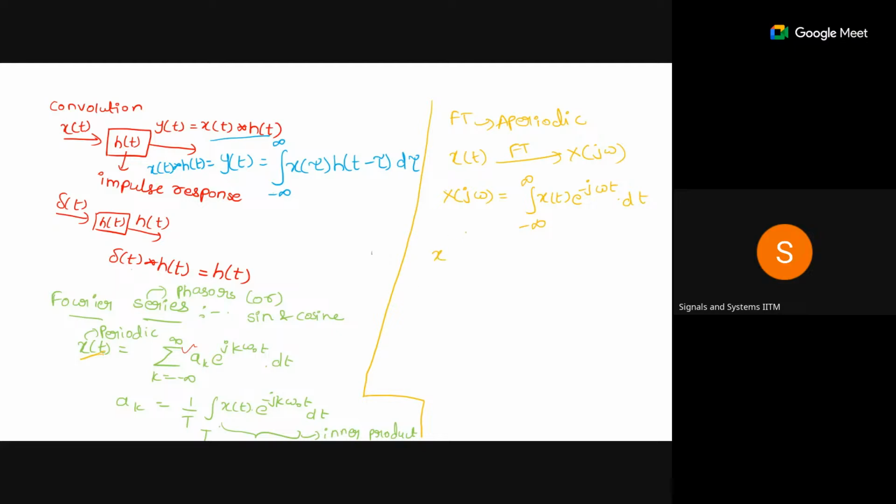The inverse Fourier transform of X of j omega is x of t, equal to 1 by 2 pi times the integral from minus infinity to infinity of X of j omega e power j omega t d omega.